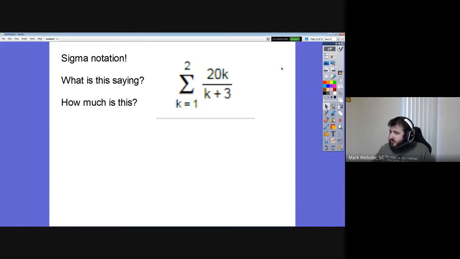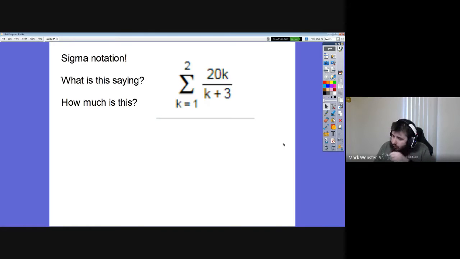First of all, sums. When we want to add a bunch of stuff together, sometimes it helps for us to write it in a more compact way. Now, of course, we don't like to actually calculate with this, but this is a way for us to write it so we're not writing a whole big long thing.